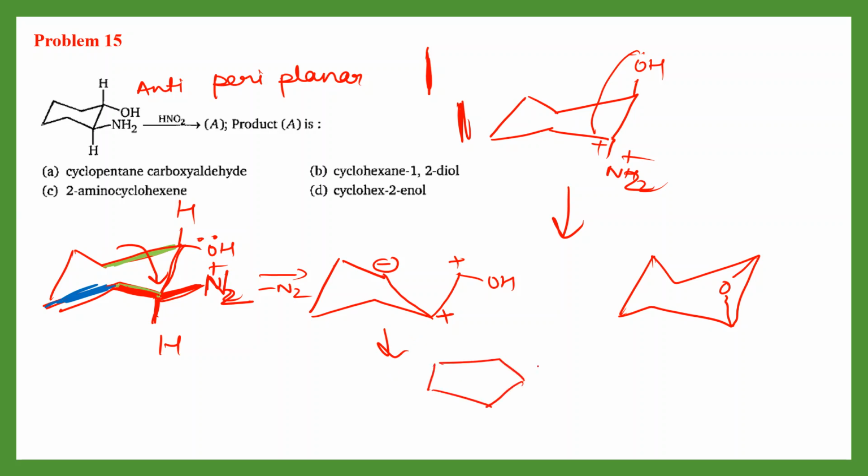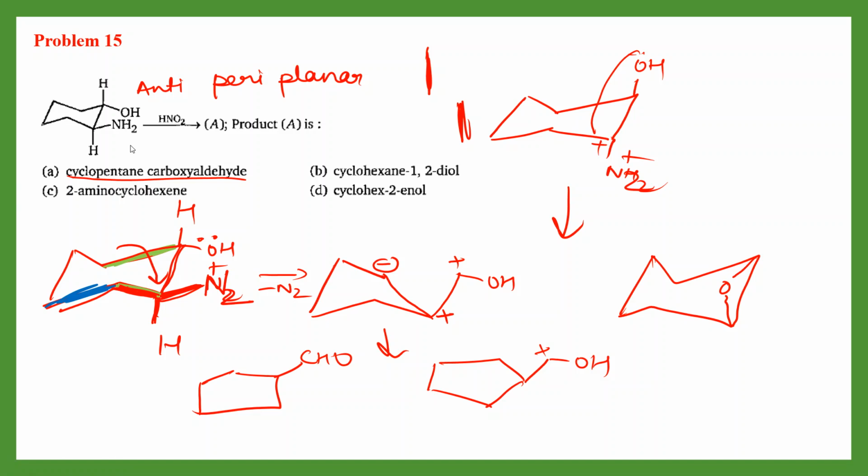Students, you are understanding now what I am doing. Yes, ma'am. So, which option is correct? Cyclopentane carboxaldehyde means this should be CHO. Understood? This type of questions are there in your NPTEL assignment also.